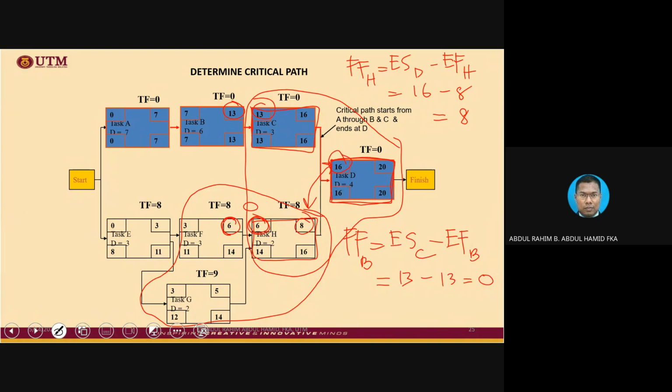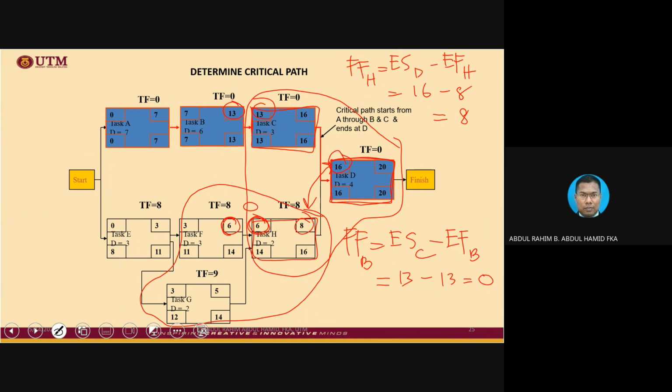You don't have to use the formula. You just simply compare those values, and the good thing is that in an AON or PDM diagram, all the values are in the box. So you don't have to crack your head figuring out the early finish of the previous activities, which in an arrow diagram we do not jot down, unless you put a note there.